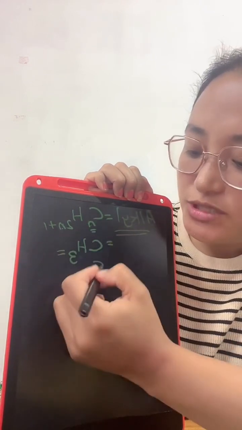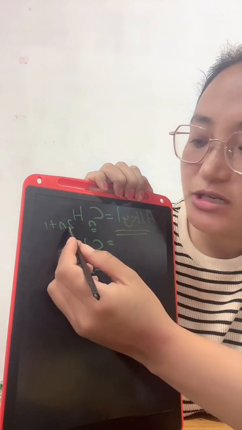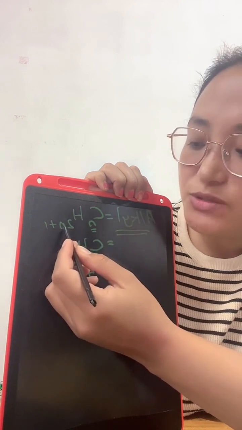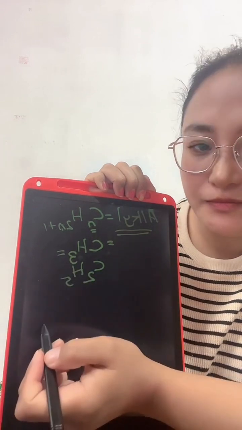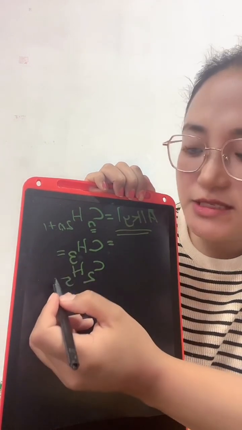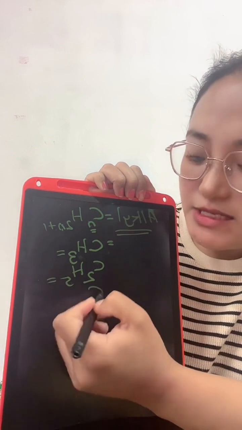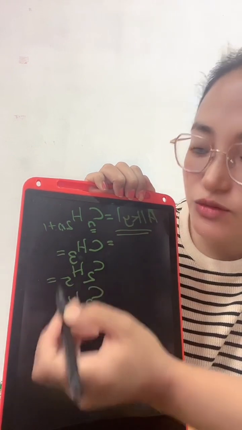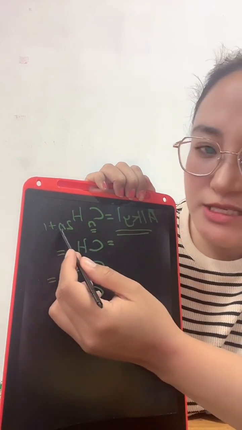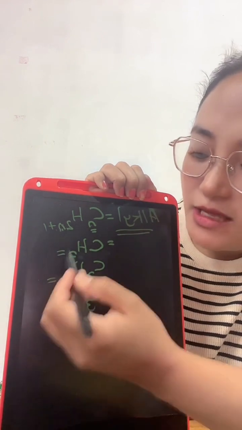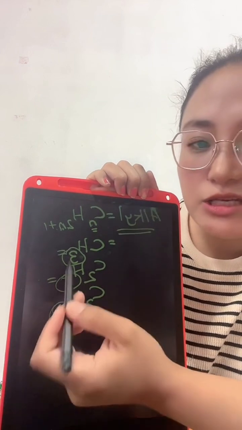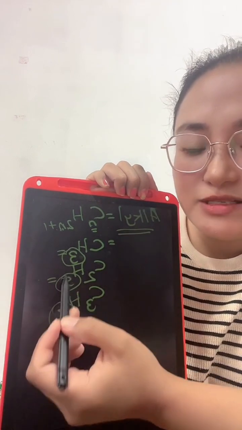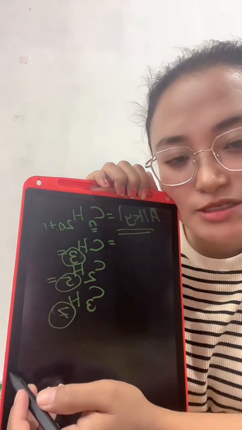Then C2, hydrogen is 2 times 2 is 4, plus 1 is 5, C2H5. This is the next alkyl. C3, hydrogen is 2 times 3 is 6, plus 1 is 7. Now see here, 3, 5, 7: alkyl groups will always have an odd number of hydrogens.